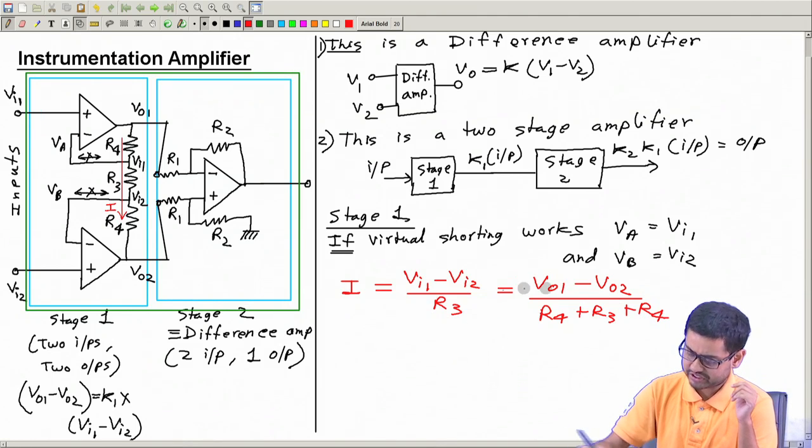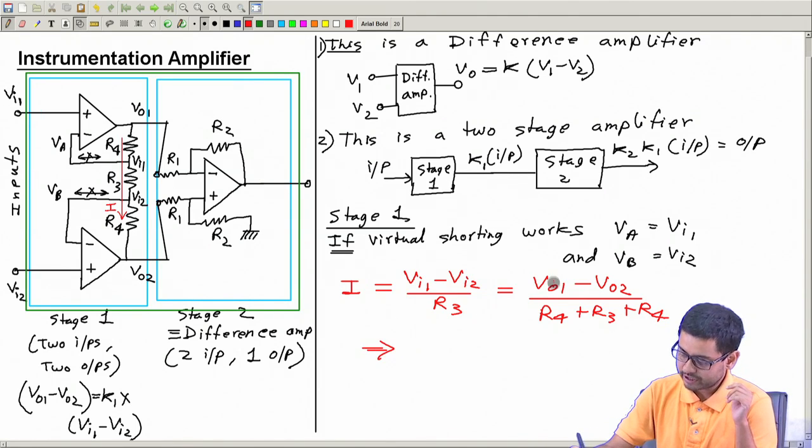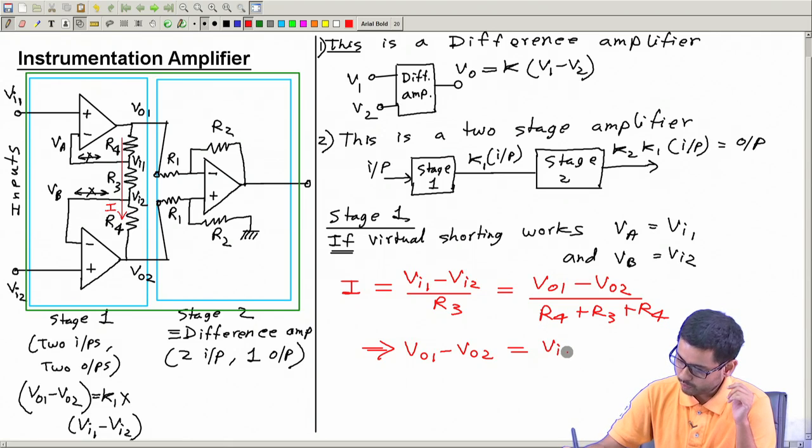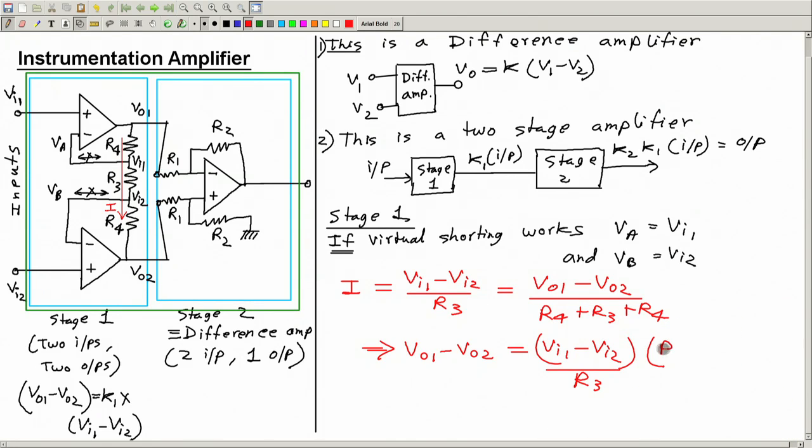Now from this, can we write VO1 minus VO2 is equal to Vi1 minus Vi2 divided by R3, and let us multiply this here, so we will have R3 plus 2 R4. So this is the output, which is the input multiplied by this quantity. This is for stage 1, assuming virtual shorting works.